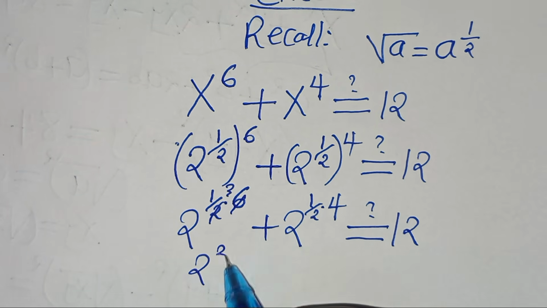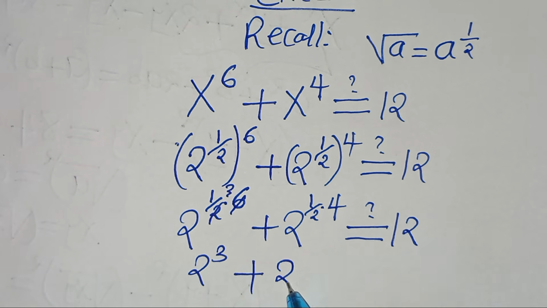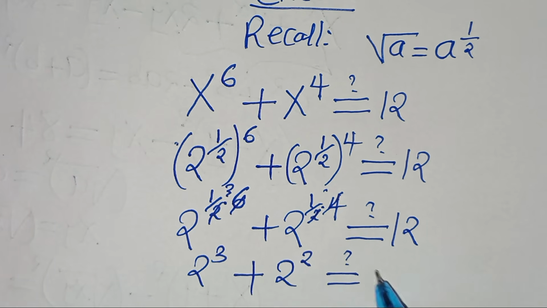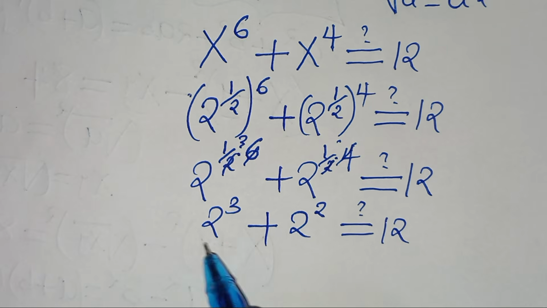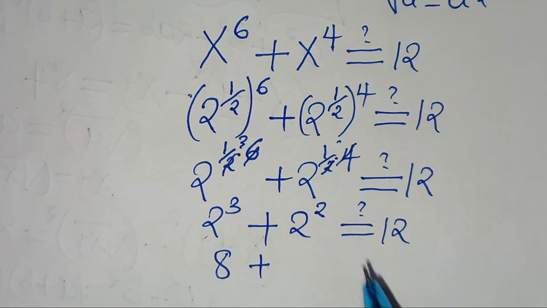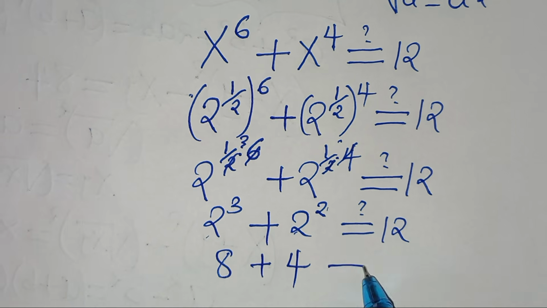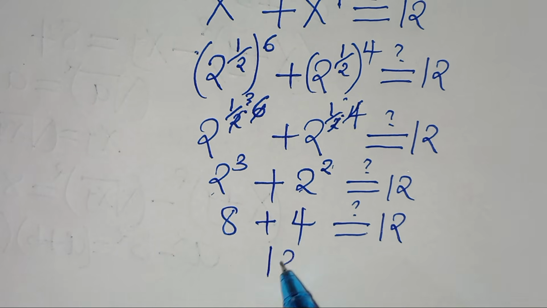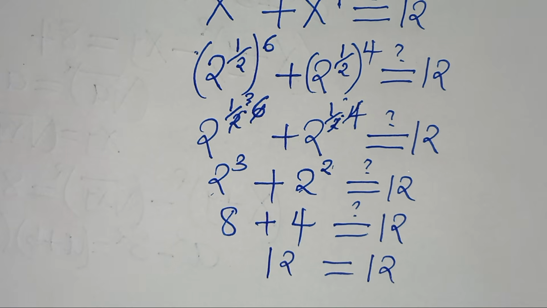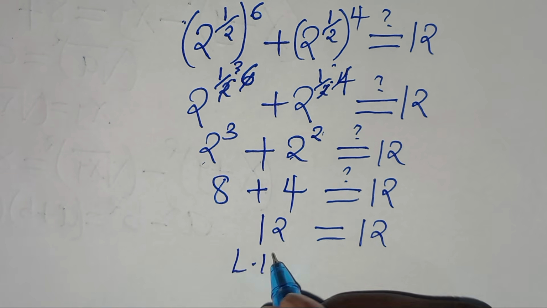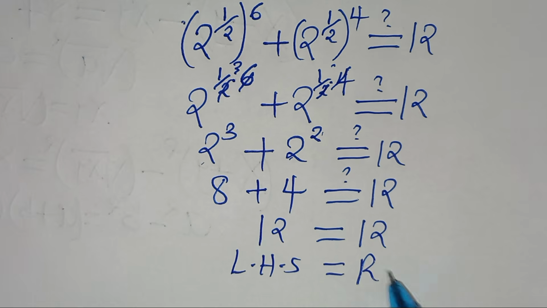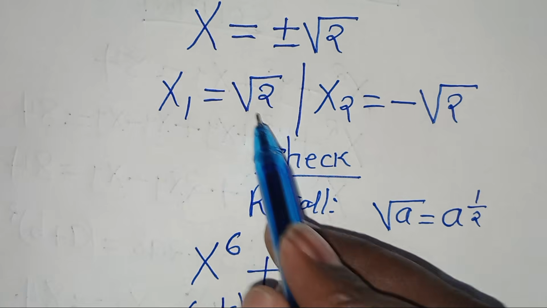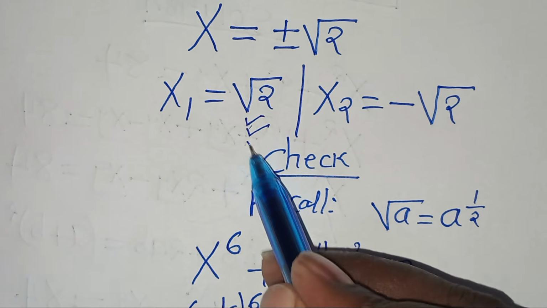So we have 2 to the power of 3 plus 2 to the power of 4 divided by 2, which is 2, so 2 to the power of 2. 2 to the power of 3 is 8, plus 2 to the power of 2, which is 4. 8 plus 4 is 12, which is equal to 12. So the left hand side is equal to the right hand side, and this affirms that x1, which is square root of 2, satisfies the equation.